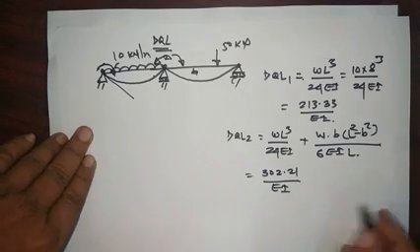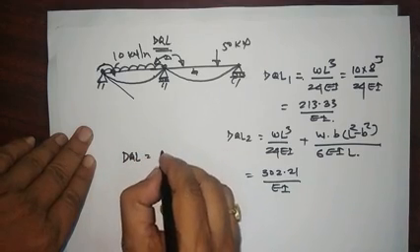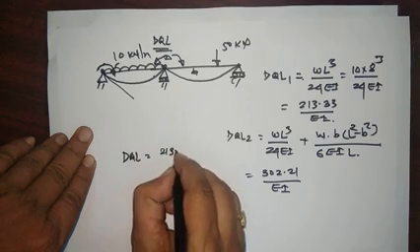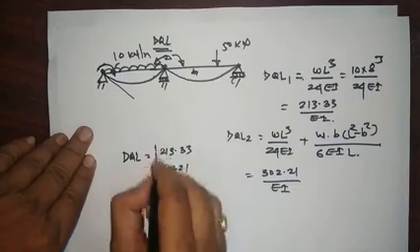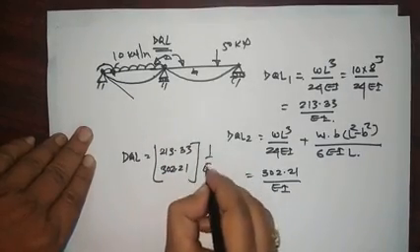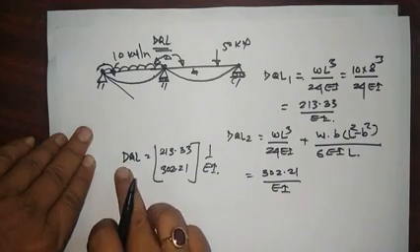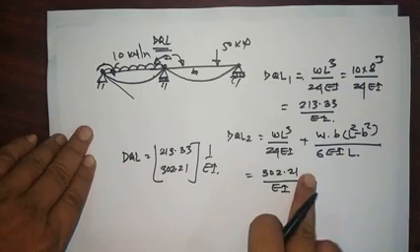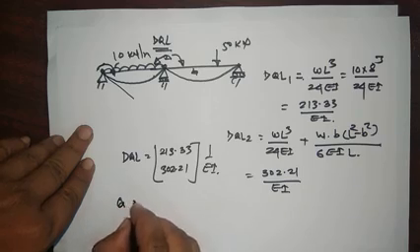So we got here the dQL matrix is equal to 213.33 and 302.21 upon EI. So we got the dQL matrix also, then the F matrix also, then we find here the Q matrix, that is the unknown matrix.